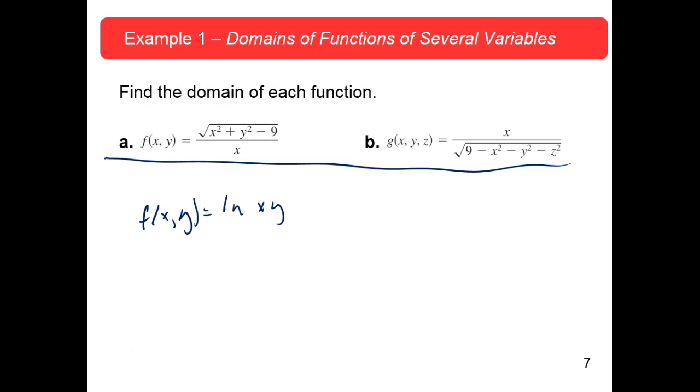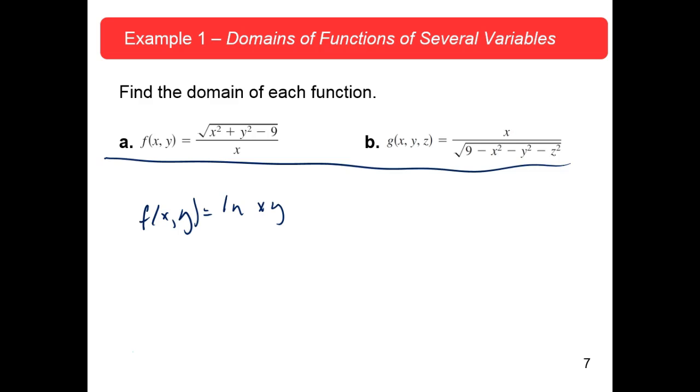You cannot take the log of 0. The other is similar: you can't take the log of any negative number. So it's a lot like a square root, except you also can't take the log of 0. So obviously, neither x nor y can be 0.